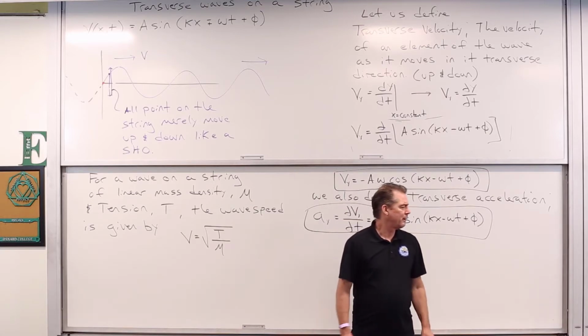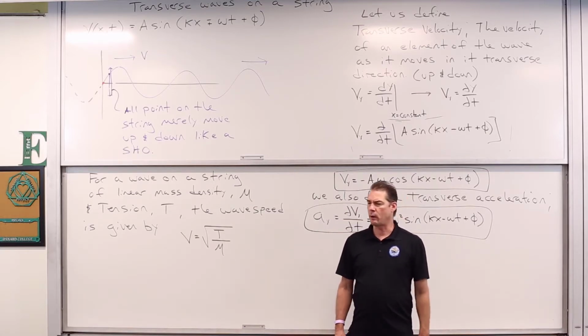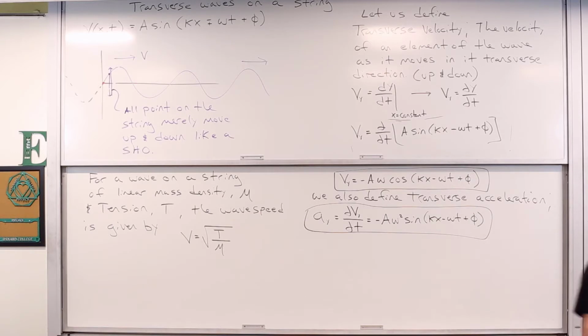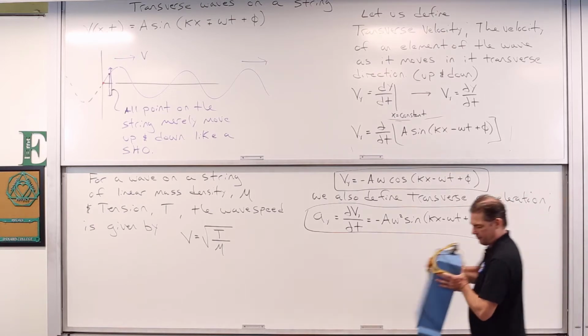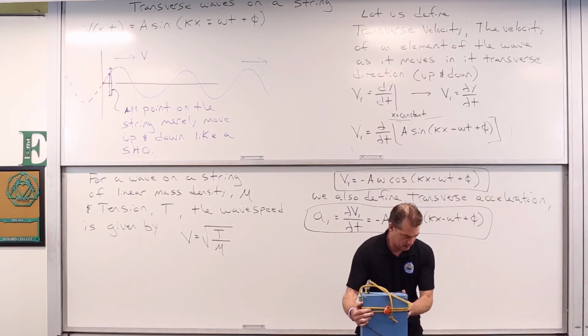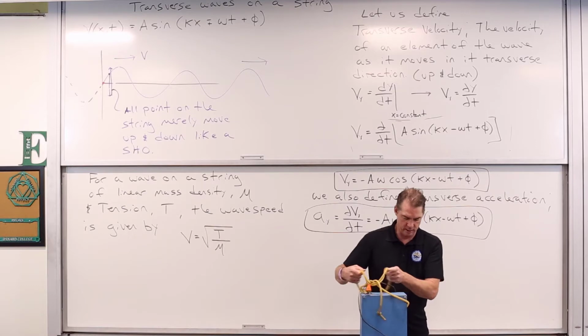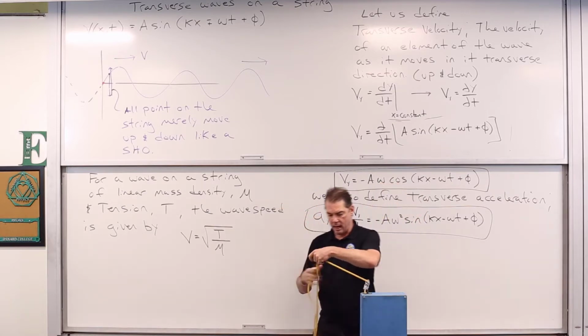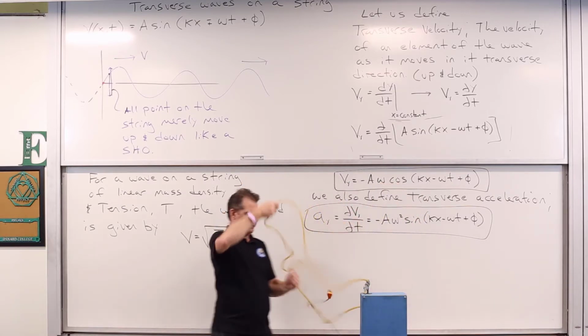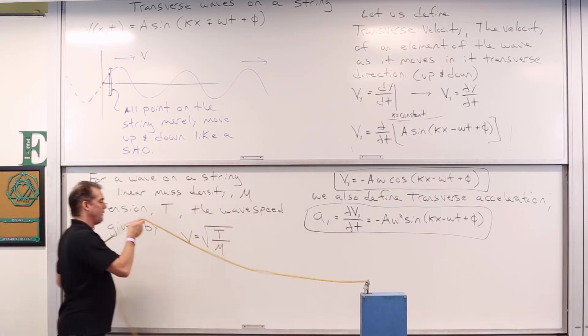Let me grab something really quick, see if I can kind of show this without too much trouble. Try not to knock this over, but see if you can kind of see this kind of like a string.